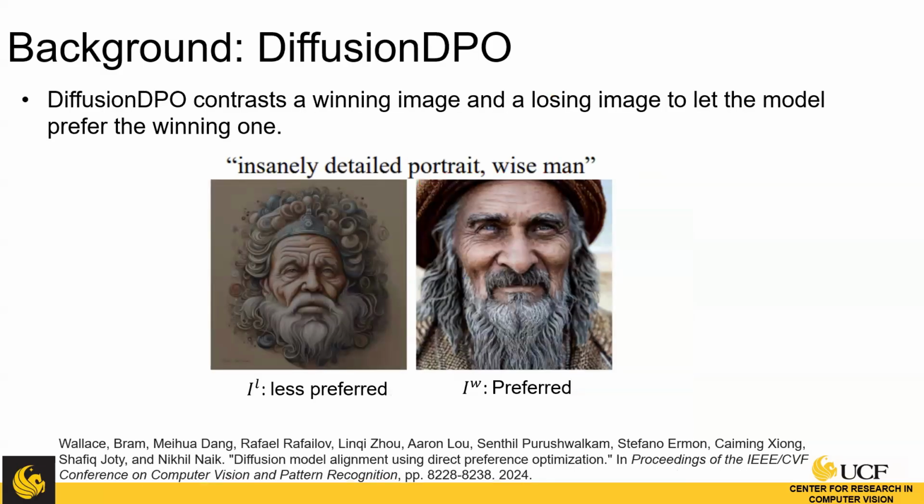Another important background is diffusion DPO, which contrasts a winning image and a losing image so that the model prefers the winning one over the losing one.